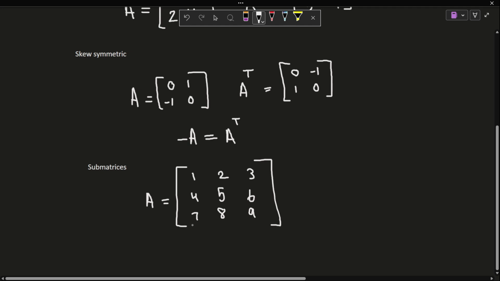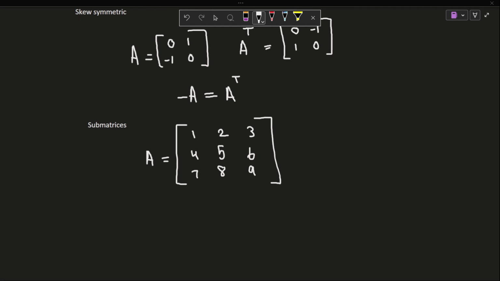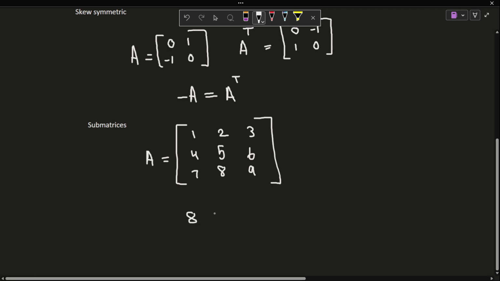We can take submatrices basically by removing any number of rows or columns from our matrix. And that might look like 8, 9. This could be a submatrix. 4, 5, 7, 8. This could be a submatrix.